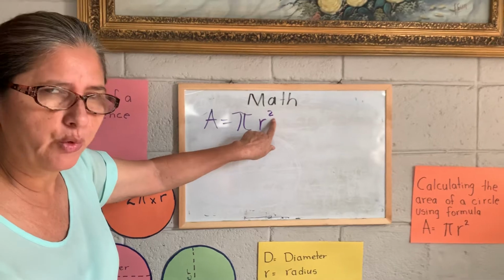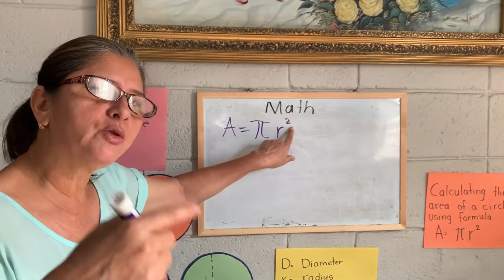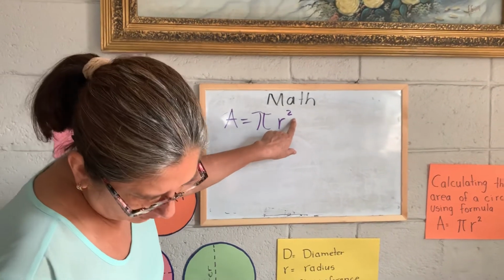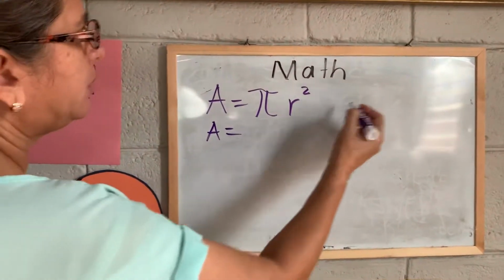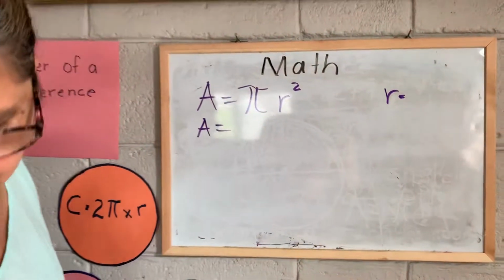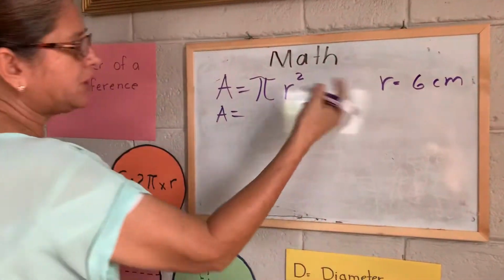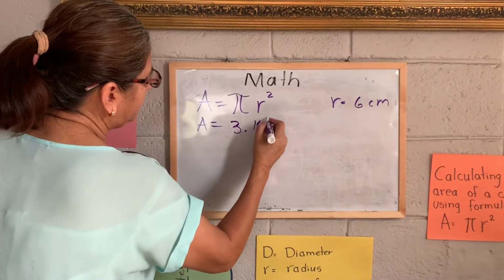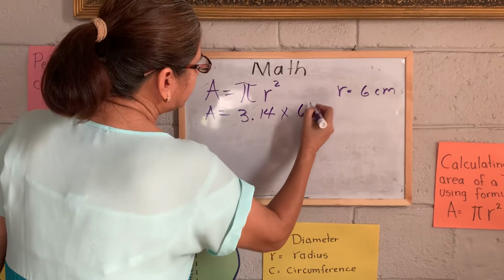Remember that square doesn't mean that you have to multiply by 2. It means that you have to multiply twice by itself. In which r is equal to 6 centimeters. So I just replace 3.14 multiplied by 6 squared.